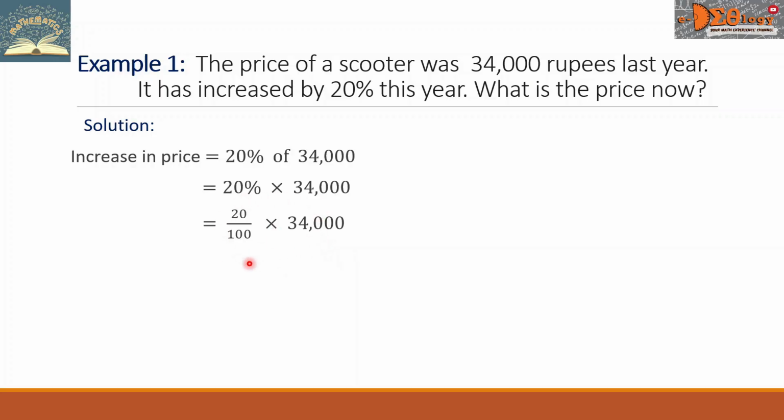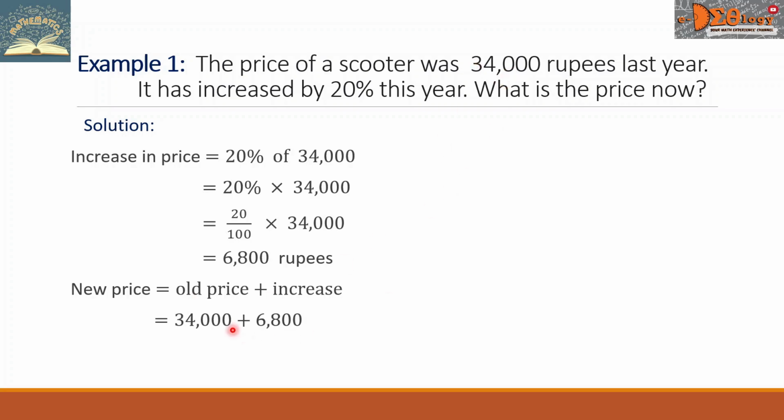We can simplify this expression and the answer is 6,800 rupees. This is the increase in price. So for the new price, the formula is old price plus the increase. Old price is the 34,000 plus the increase of 6,800. And the sum or the new price is 40,800 rupees.